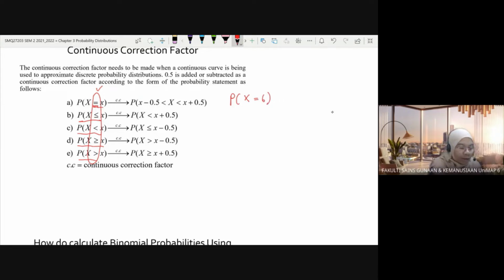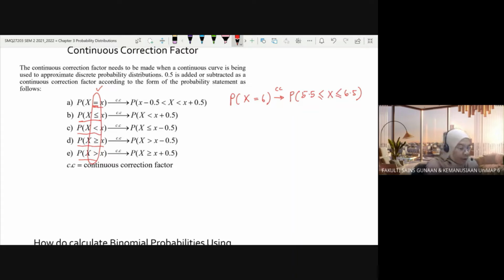If you have this particular equation, it needs to be corrected using the continuity correction factor, and this becomes a new equation where you will have 5.5 less than or equal to X, and this one would be less than or equal to 6.5. So that will be your transformation using the continuity correction factor.